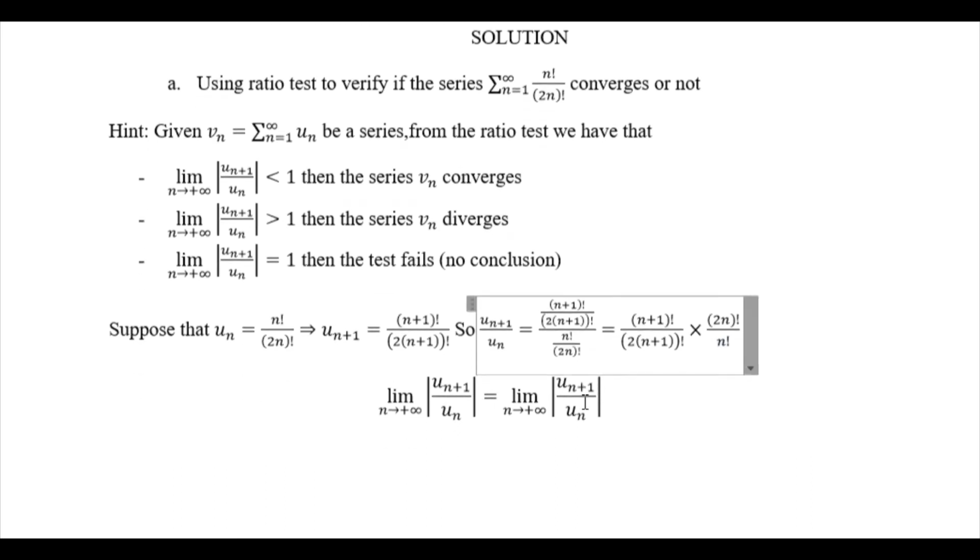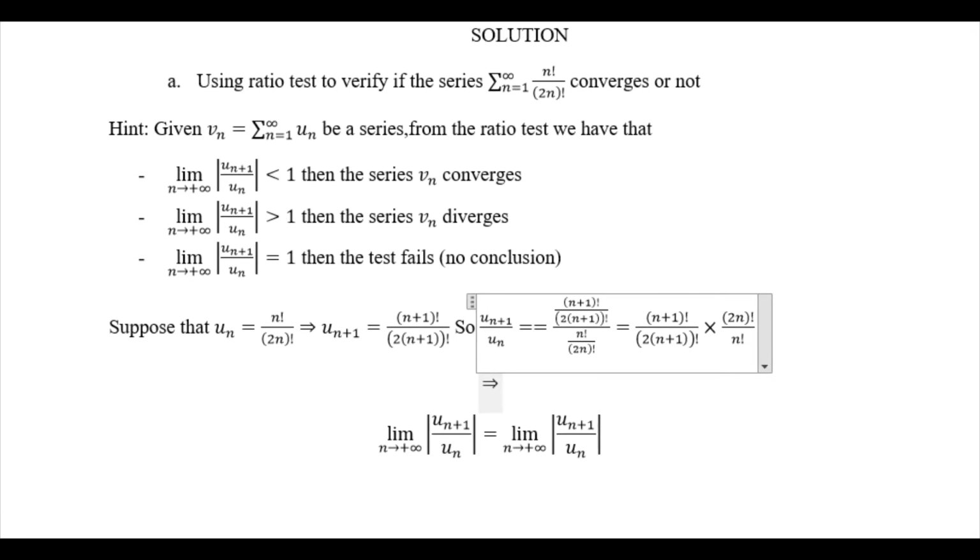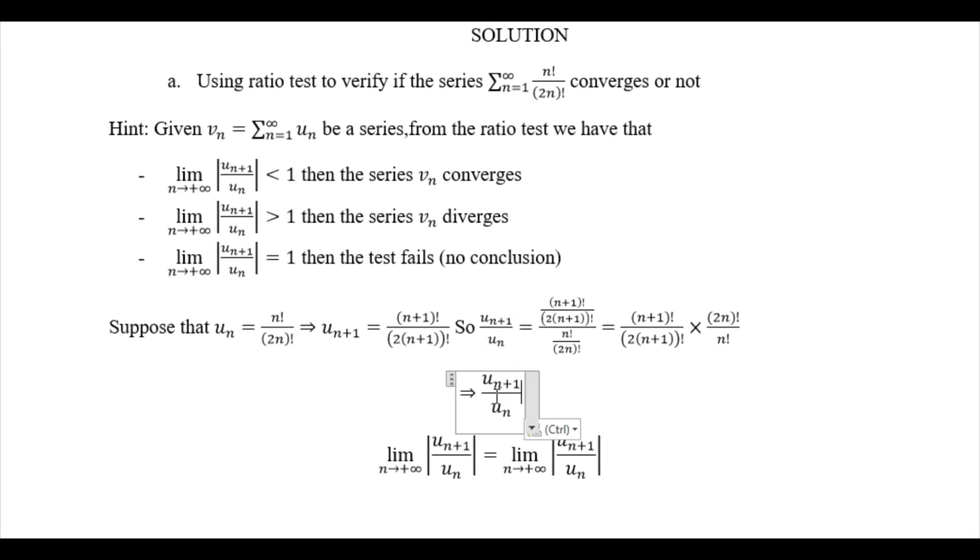So let's try to simplify this. It means that u of n plus 1 divided by u of n, what is it? Let's simplify. So u of n plus 1 divided by u of n is equal to, now n plus 1 factorial can be written as n plus 1 times n factorial.